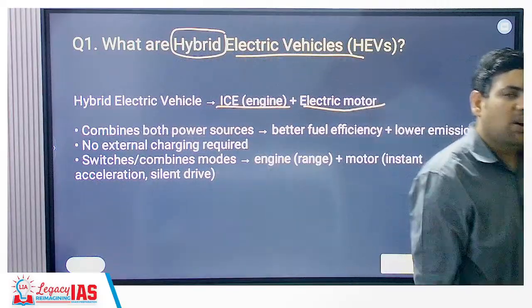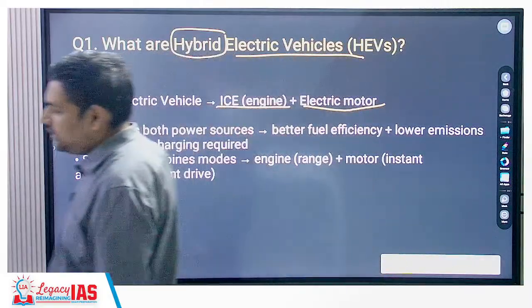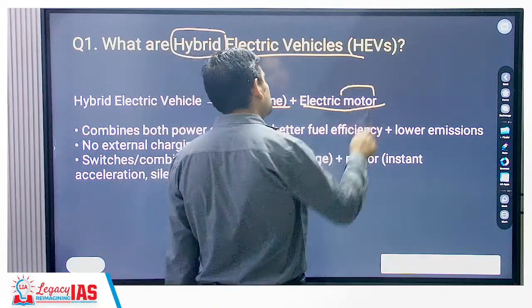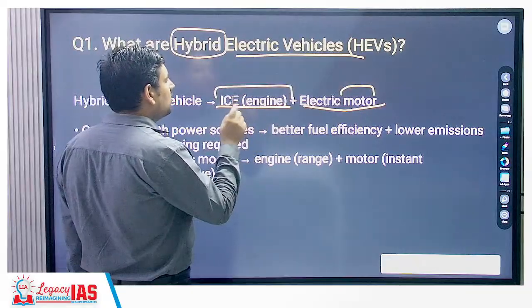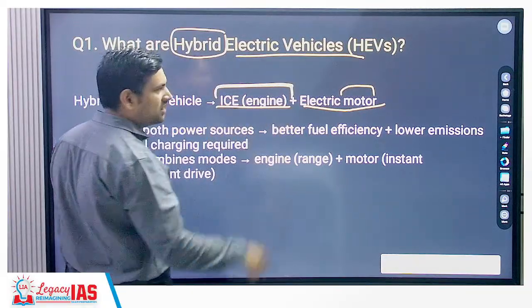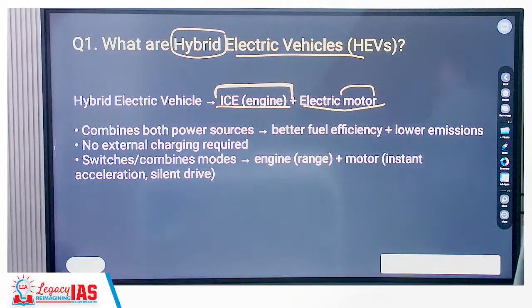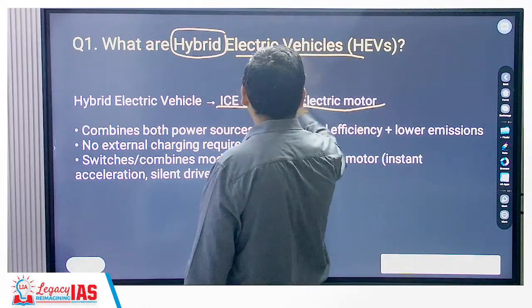Now some people have a doubt: will it have electric engines? That is wrong. When you are running a vehicle by electricity, then you only need a motor. When you are using petrol or diesel, then you need something known as an ICE engine, or internal combustion engine. So it actually has both of these and it can run on both of them.